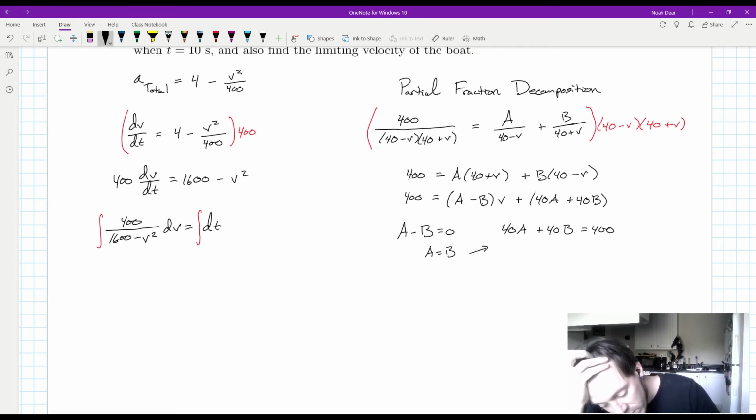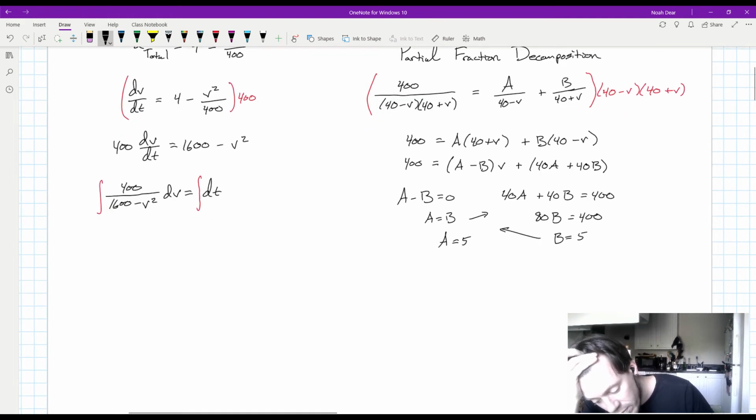Putting this into the second equation gives us 80b equals 400. Dividing by 80 gives us that b equals 5, and then going back, we see that a also has to equal 5.